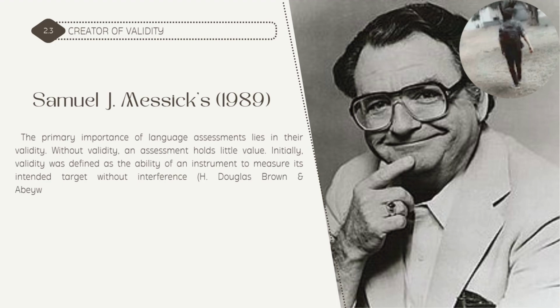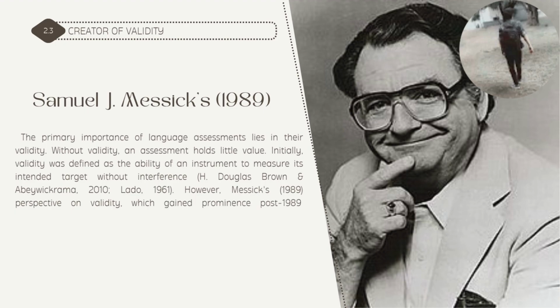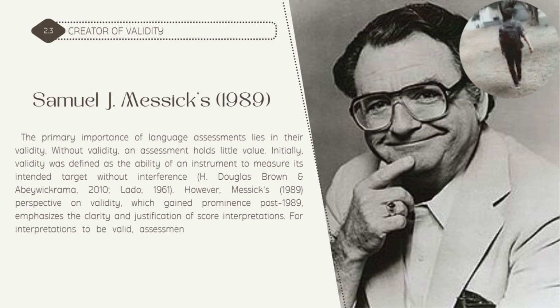Brown and Abeywickrama, 2010, note that Messick, in 1989, emphasized the clarity and justification of score interpretation. For interpretation to be valid, the assessment must effectively engage students' language skills as the central focus, according to Bachman and Palmer, 2010.